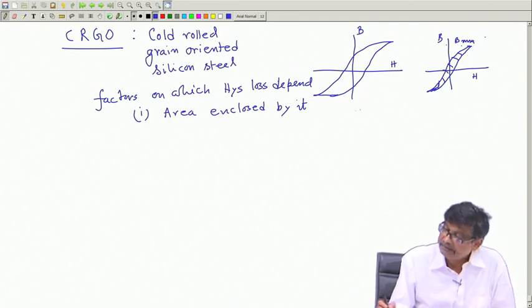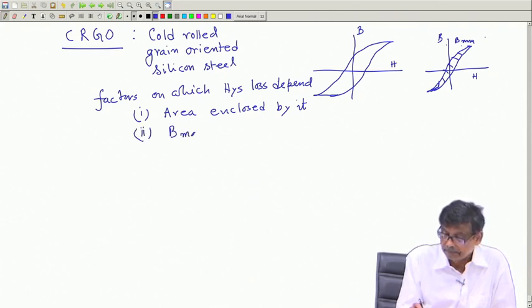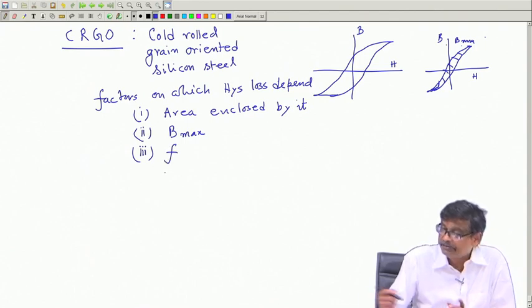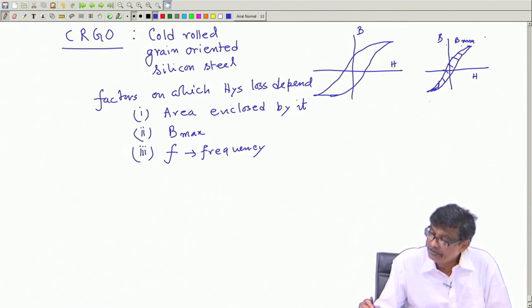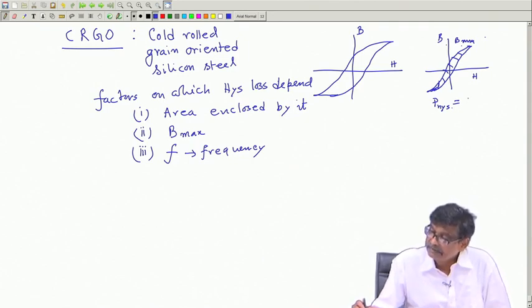Then the second thing is it should depend on Bmax, and also it should depend on the frequency of the supply at which these reversals happen, because this area gives you hysteresis loss per cycle.